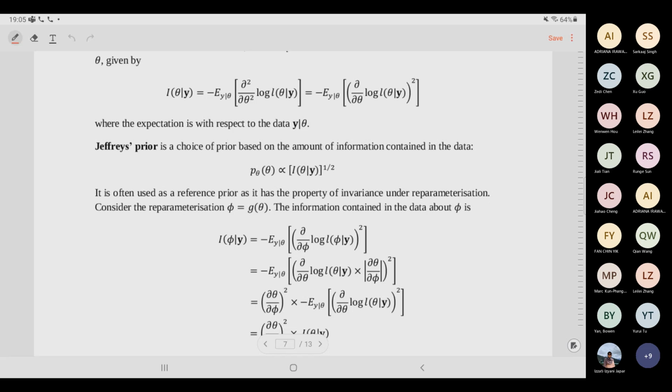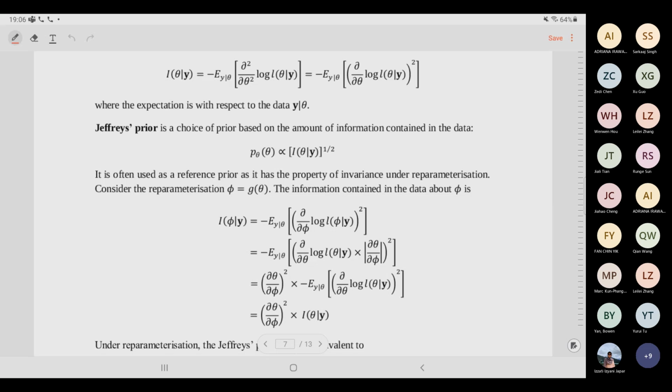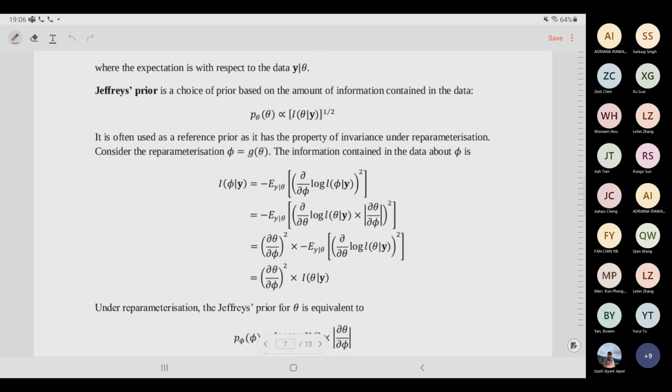Okay, and it is often used as a reference prior also because it has the property of invariance under reparameterization. Meaning that under transformation, the reference prior for theta is still the reference prior for phi.